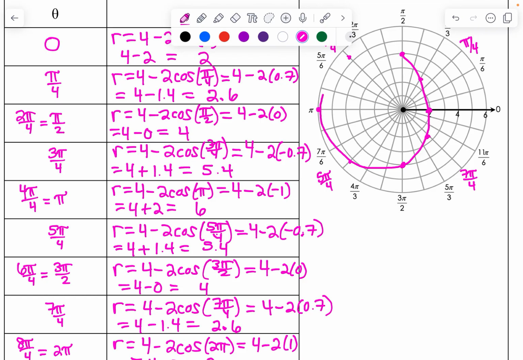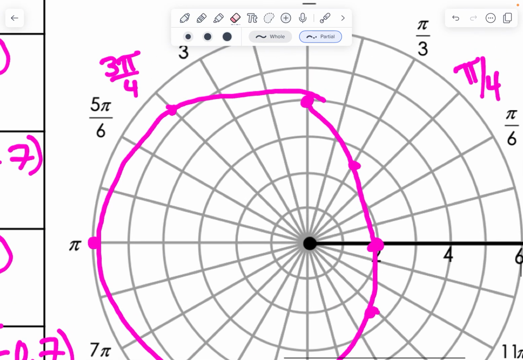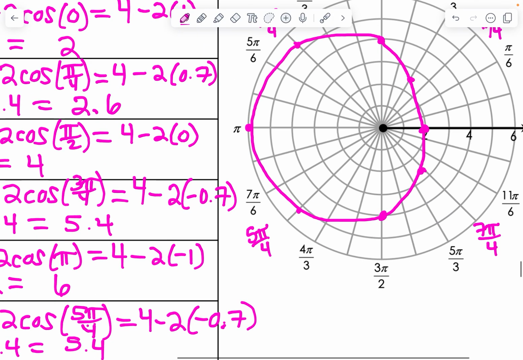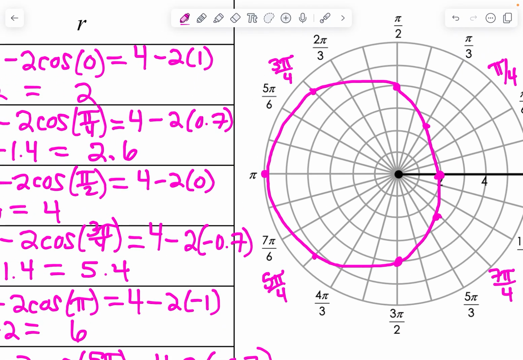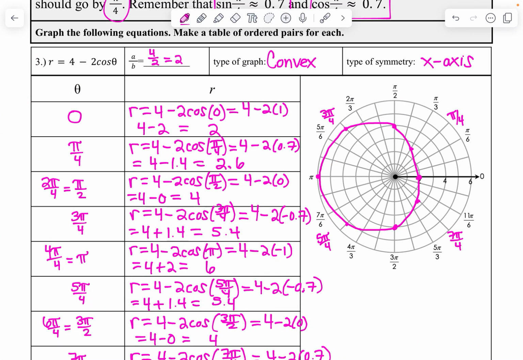And then it curves out. Let me just fix up a little bit in here. There we go. So there's our first Limacon curve. It's convex. It's symmetrical about the x-axis.